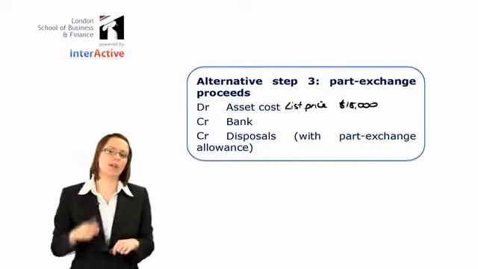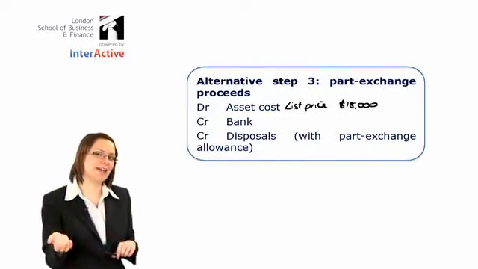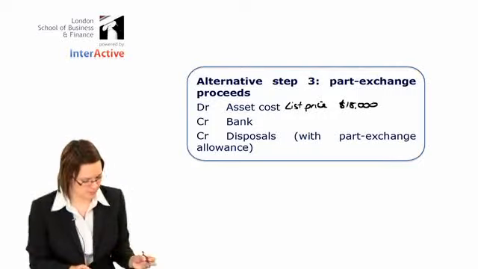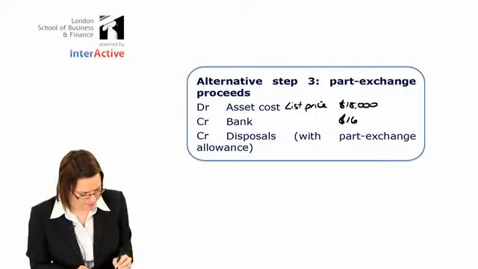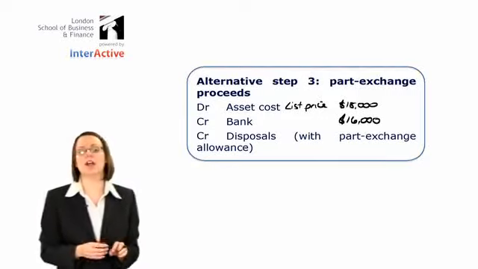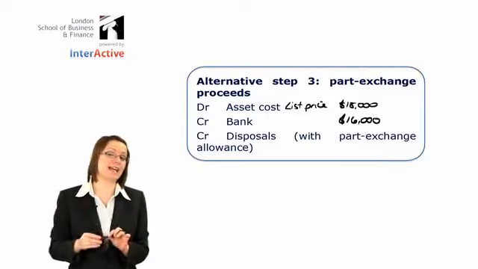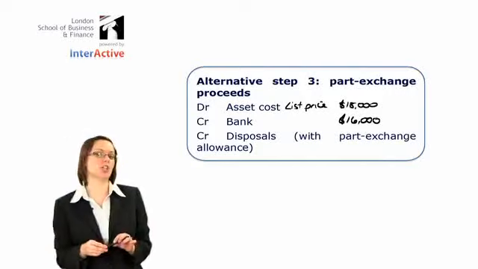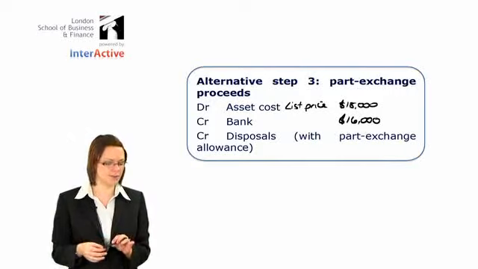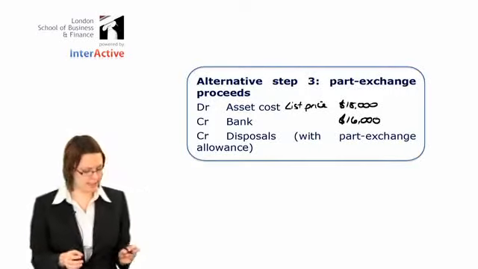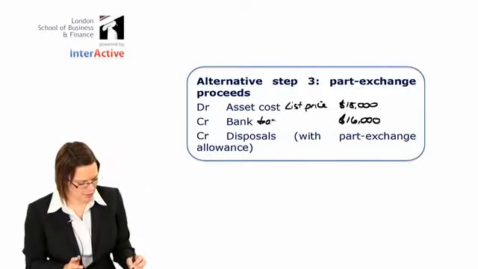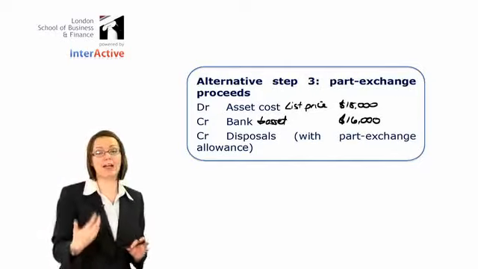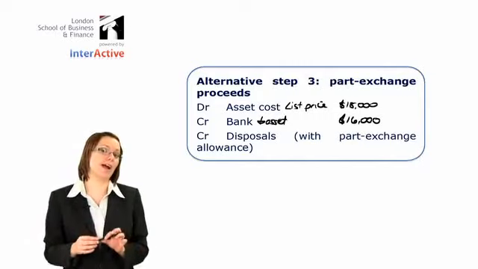Which means then that what I have to pay in cash must be the remaining amount, the $16,000. Okay? So the physical amount that I have to pay to acquire that new asset would essentially be the list price less the part exchange allowance of $2,000. So again, crediting bank to reduce down your asset of cash, because obviously you would have to pay some cash in order to acquire that new asset.